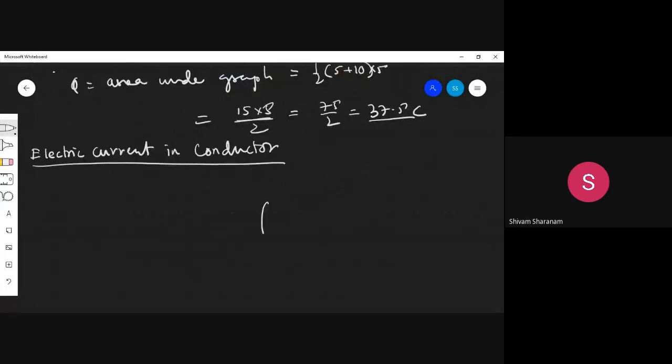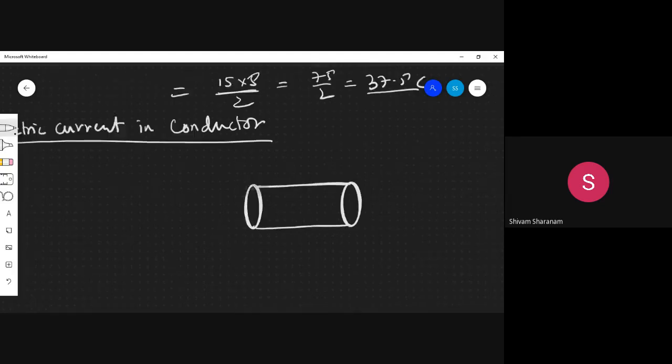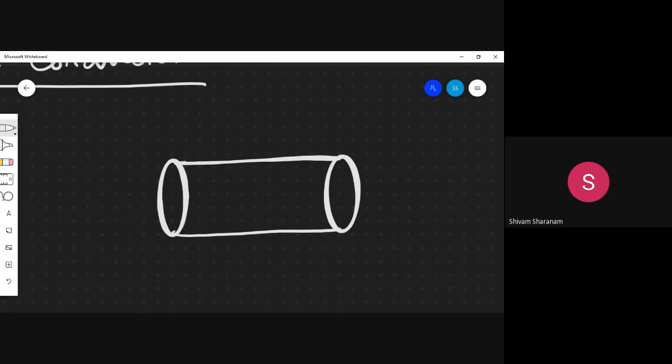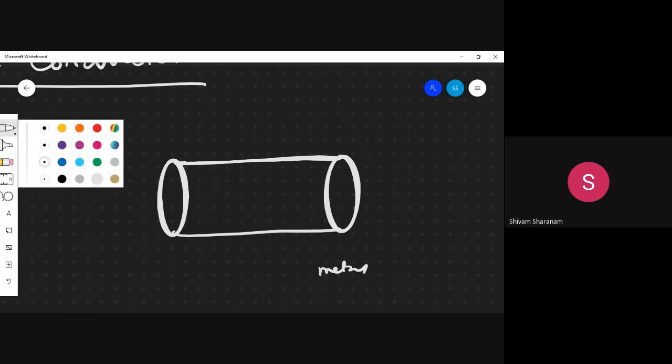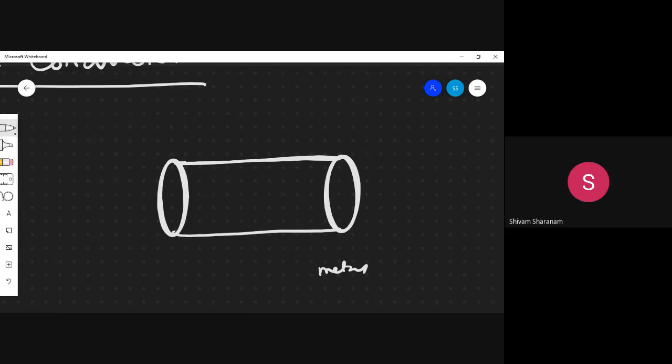Suppose you have a conductor. This is the cross-sectional area, this is plate A, this is plate B. Inside this conductor, if you zoom in, because it is a metal, it has free electrons. You have not applied any potential difference, or we can say electric field.